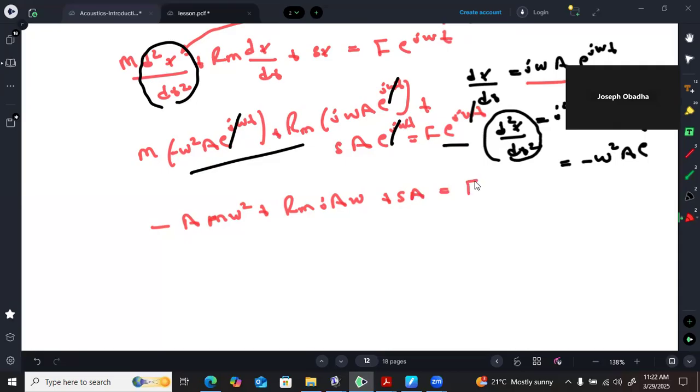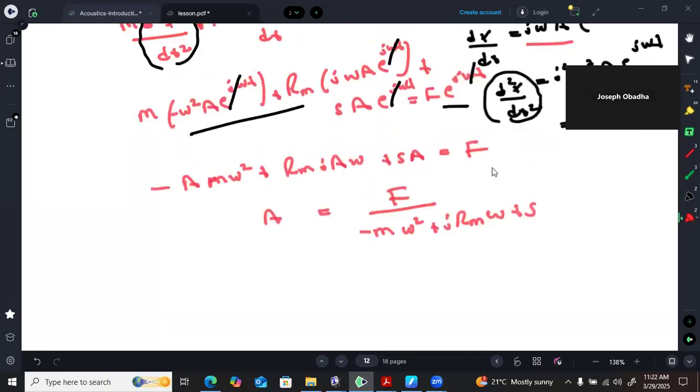This is equal to F. If we make A the subject of the formula, then I will have A equal to F over minus mω² plus jRmω plus s.